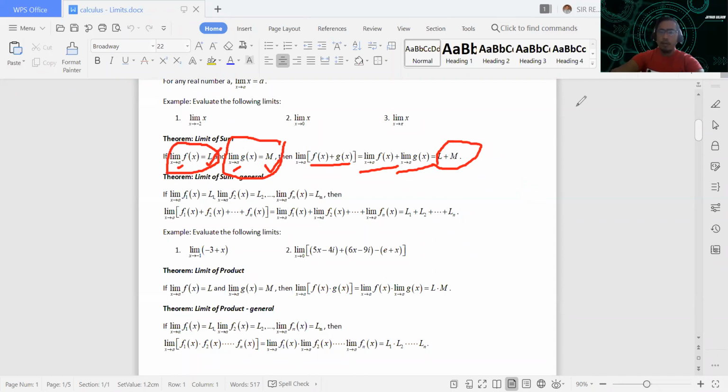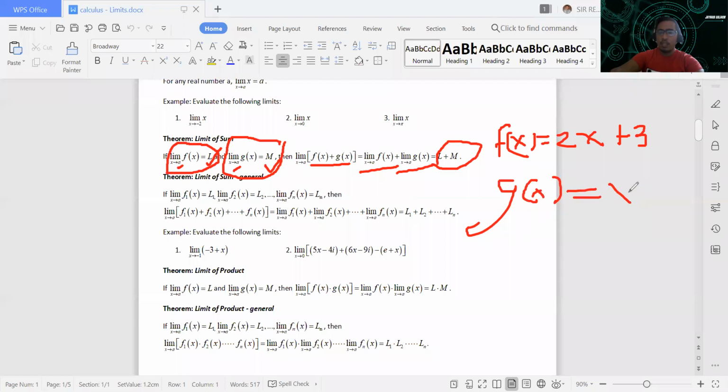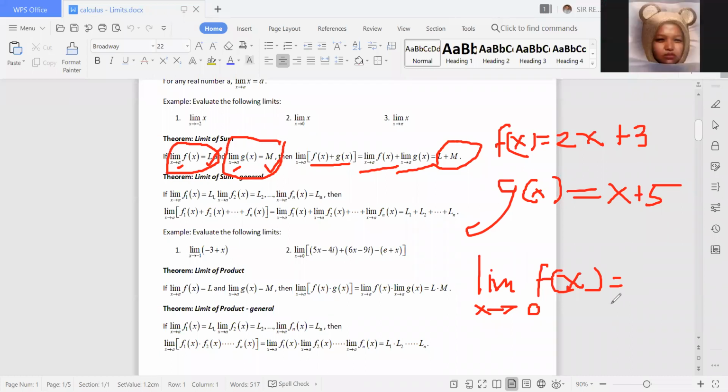Okay? Say for example, I give you an example. Say you have an f of x equal to 2x plus 3, and your g of x equal to x plus 5. What is the limit of f of x as x approaches to 0? Anyone can tell me the answer? 3, sir. Yes, 3.